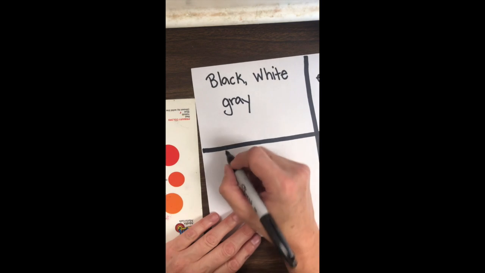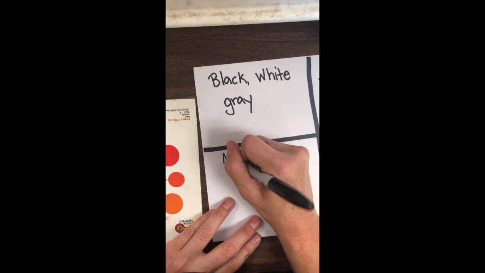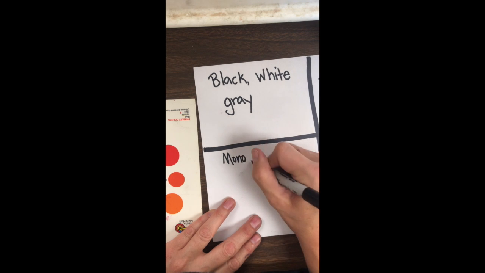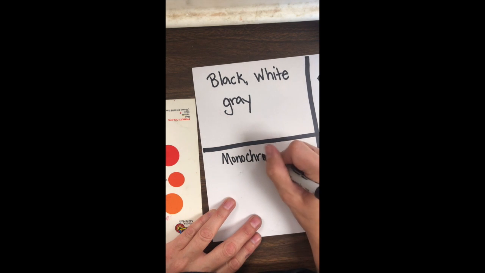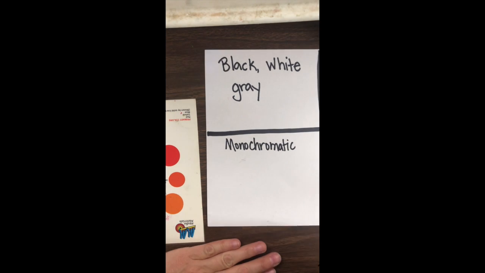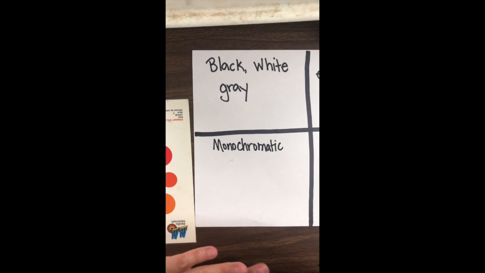Next, we are going to do monochromatic colors. Those are lights and darks of a color. So the color you pick plus lights and darks.